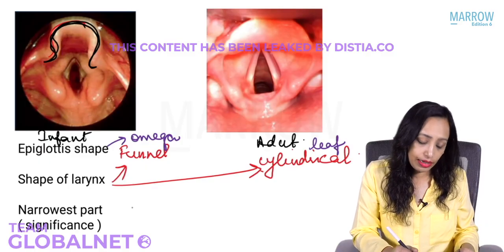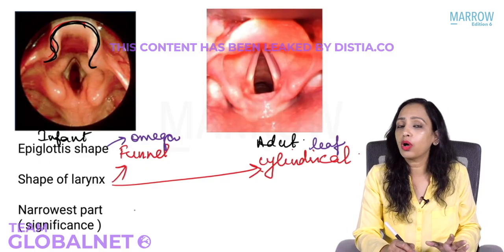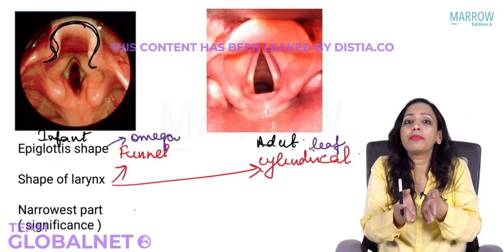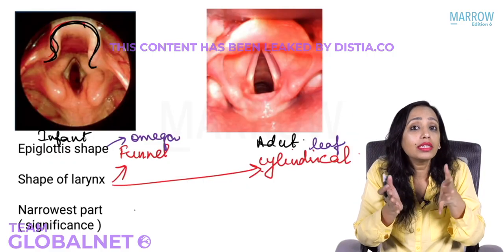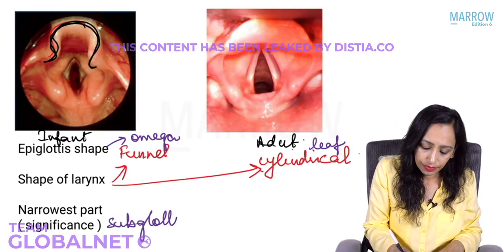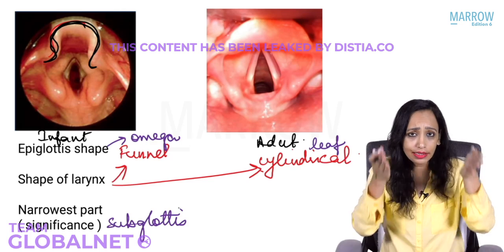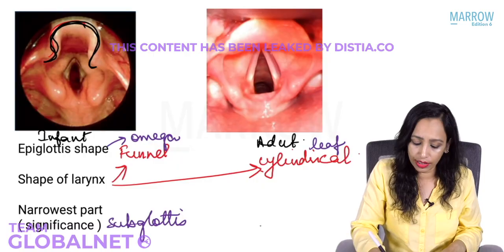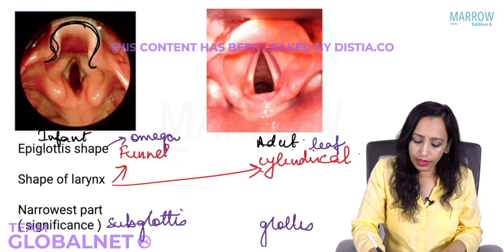And the narrowest part of the larynx in an infant, because it is funnel shaped, is the lowest part. What is the lowest part? The subglottis becomes the narrowest. Whereas in adults it is cylindrical, and the glottis is the narrowest.